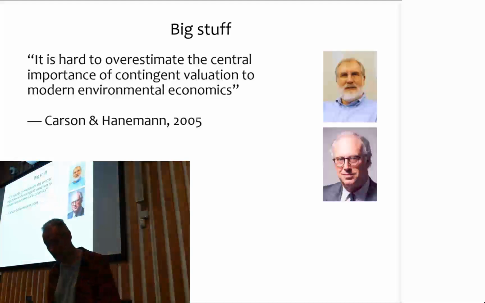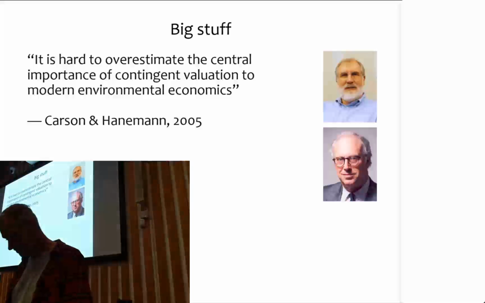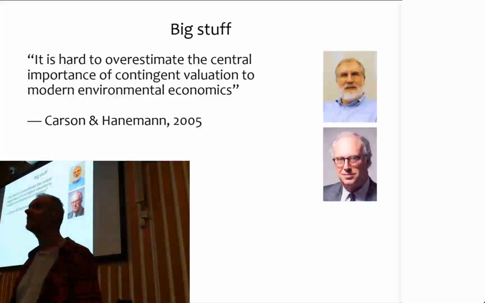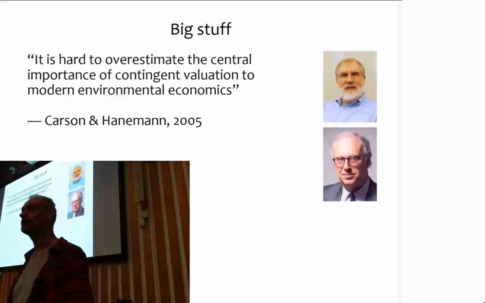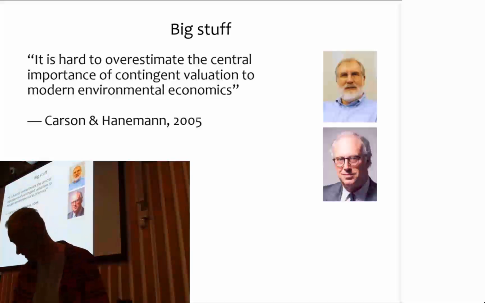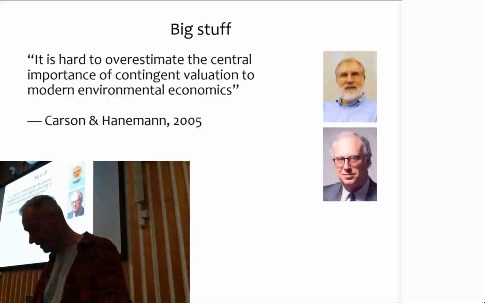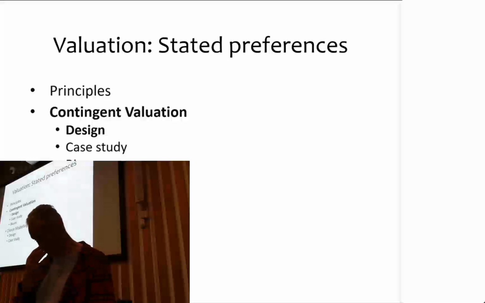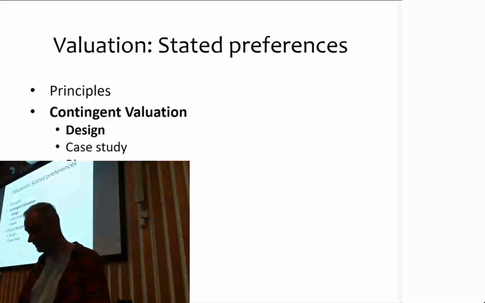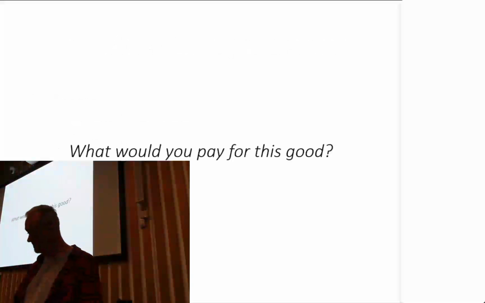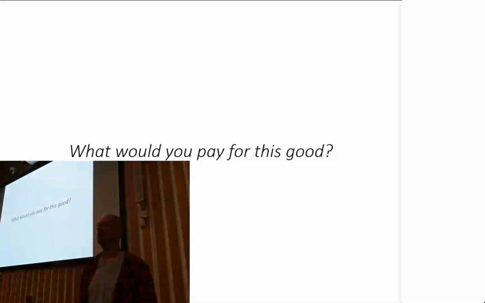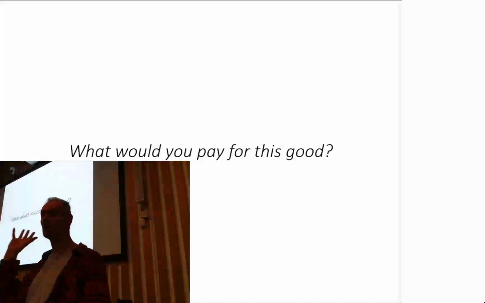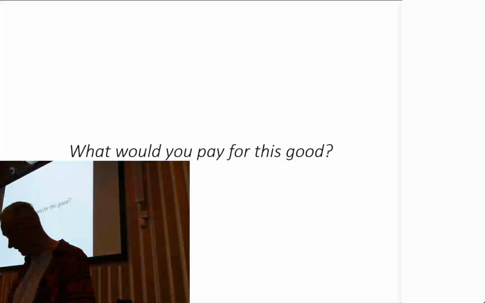So this is big, but unfortunately also very uncertain and very controversial. So what would you do in a contingent valuation study? How would you design this? And essentially the question is, what would you pay for this good or service that is not traded on the market? That is the core question in the study.